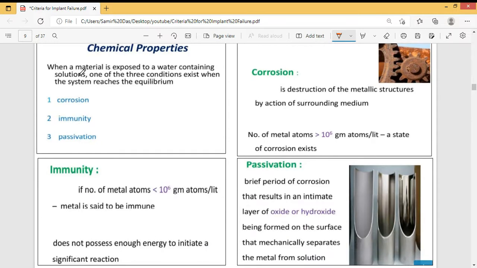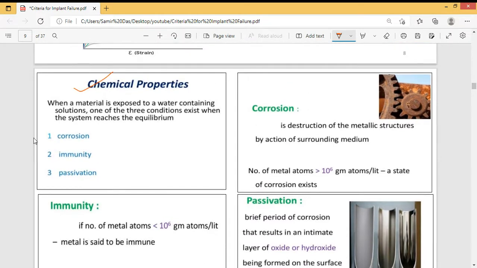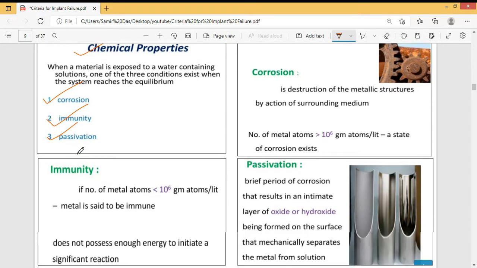In the case of chemical properties, what do we have to check? We have to go through these three: corrosion, immunity, and passivation. Immunity means that if the number of metal ions is less than 10 to the power 6 gram per liter, the metal is said to be immune. Corrosion is the destruction of a metallic structure by the action of the surrounding medium, basically the corrosive material which comes in contact with the implant.